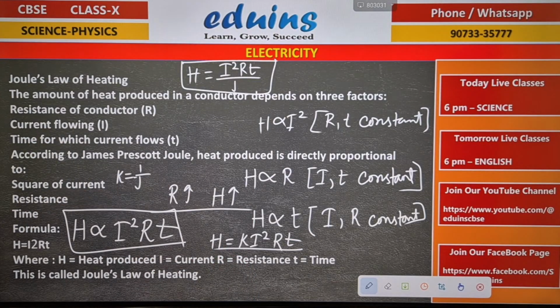From here we can solve numerics and get the generated heat when I, R, T are provided. The unit of the constant J is calorie or joule.